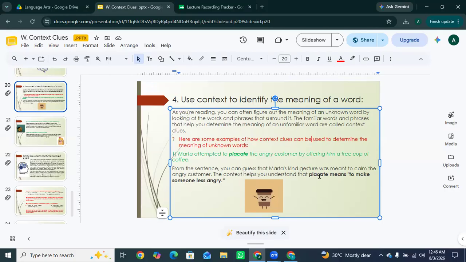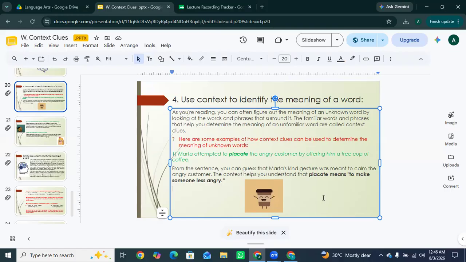Marta attempted to placate the angry customer by offering him a free cup of coffee. From the sentence, you can guess that Marta's kind gesture was meant to calm the angry customer. The context helps you understand that placate means to make someone less angry.